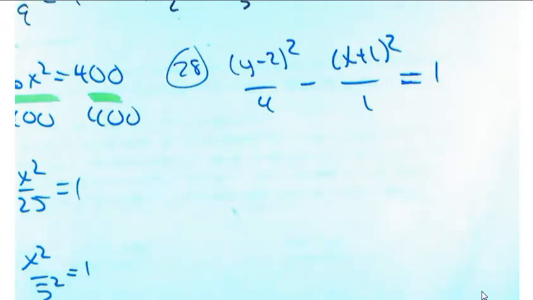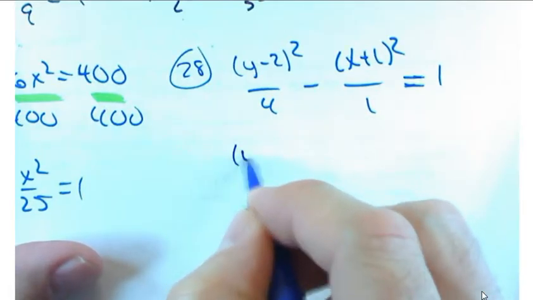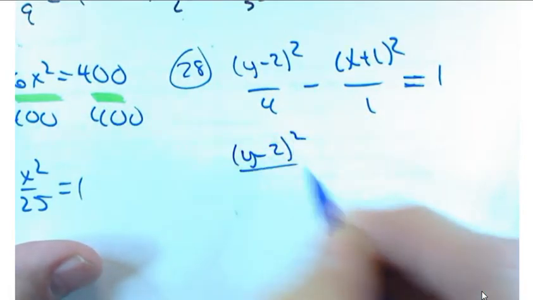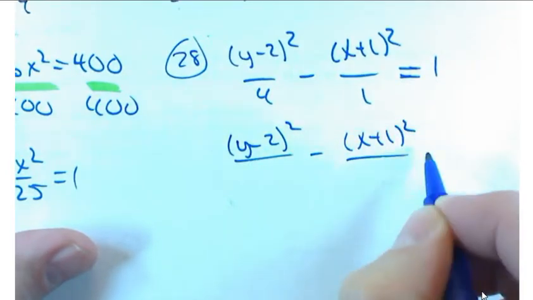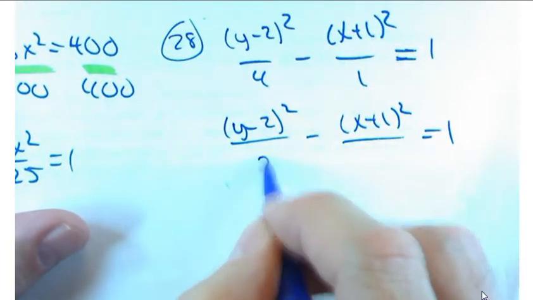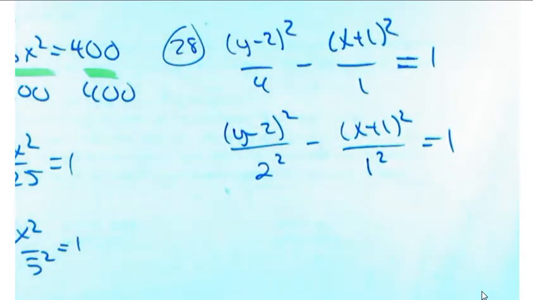That's okay. First, before we decide where the center is exactly, let me rewrite this. How do you think I should rewrite this? 2 squared and 1 squared. Keep in mind that 1 squared is still 1, so we're okay there.